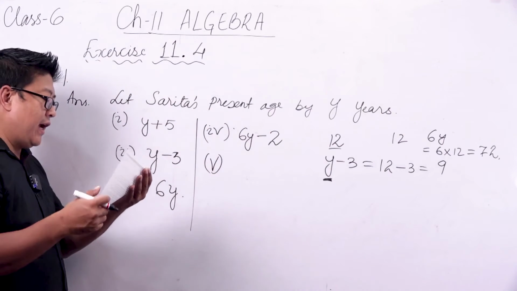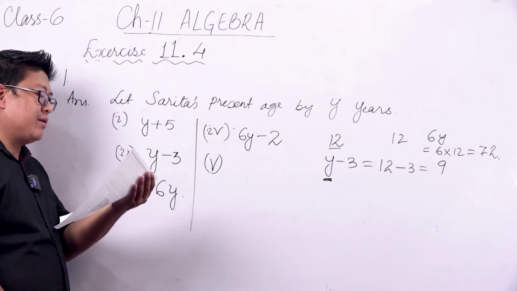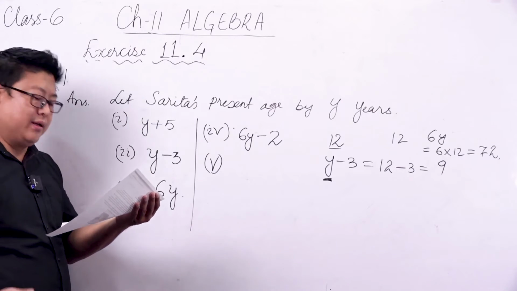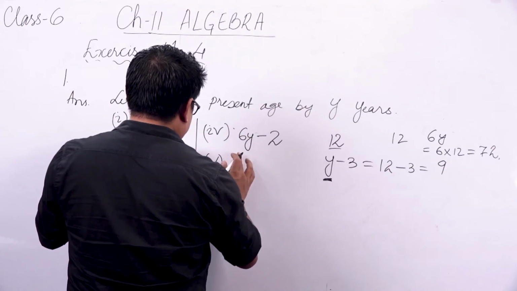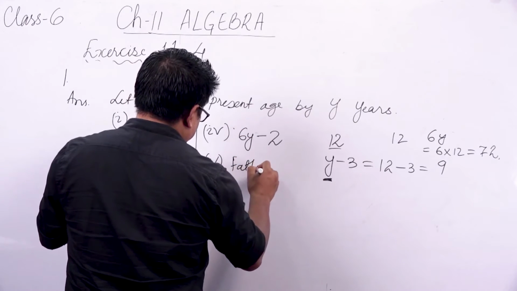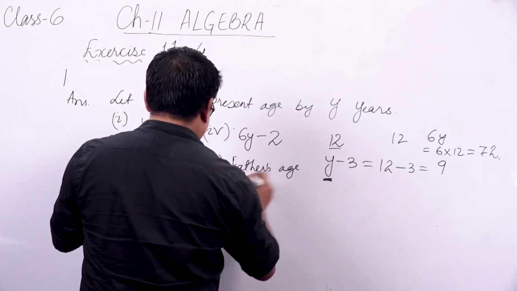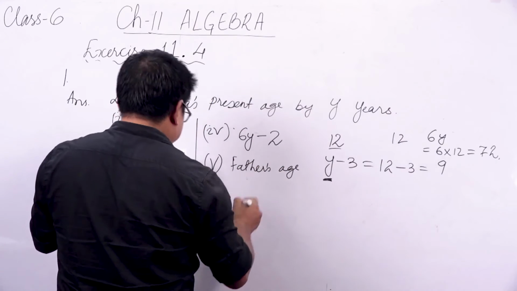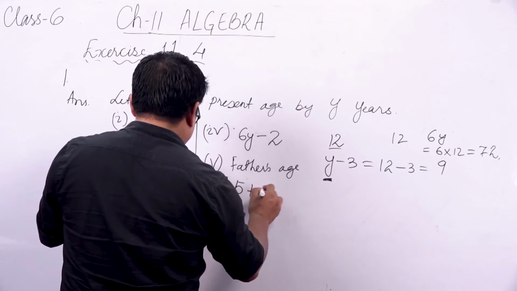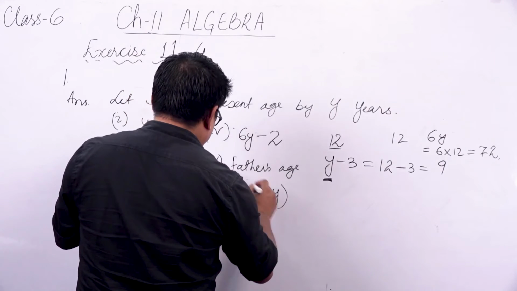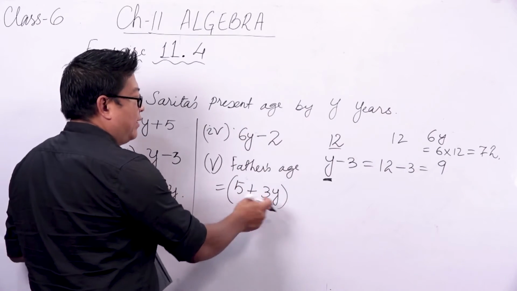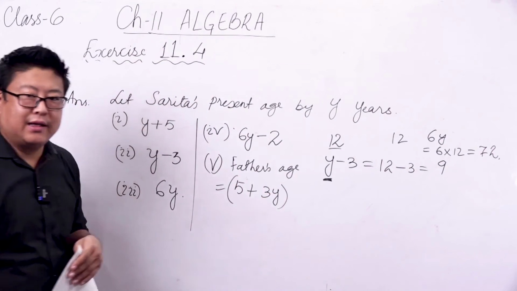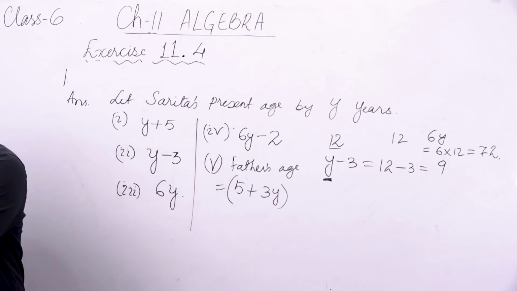Sarita's father's age is 5 years more than 3 times Sarita's age. What is her father's age? So father's age, let's write like this: father's age is 5 plus 3y. That means 5 years more than 3 times Sarita's age. Okay, children? So this is the first part of the question.